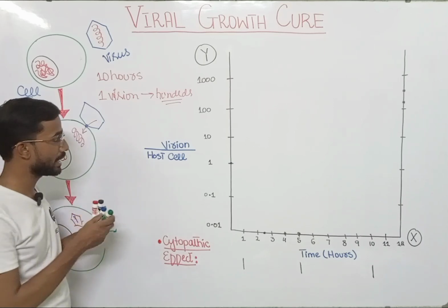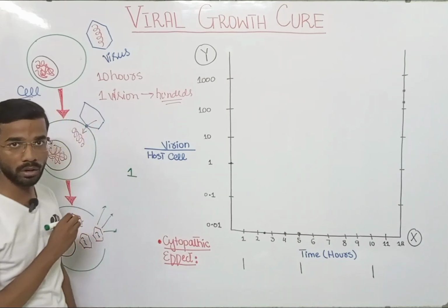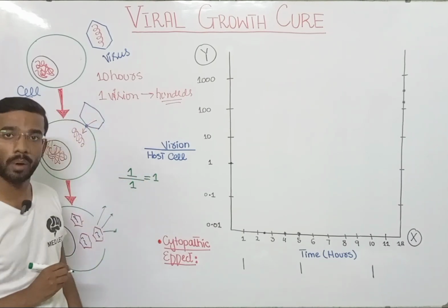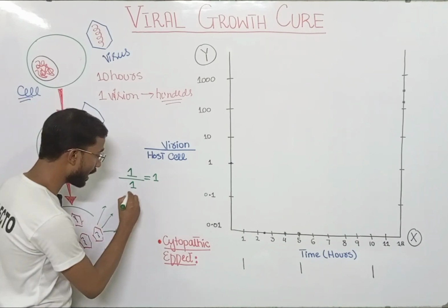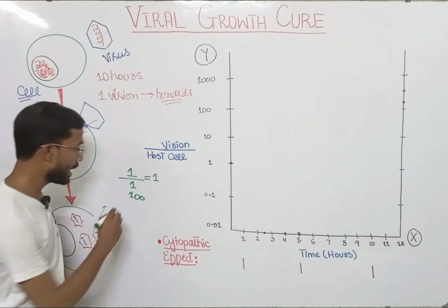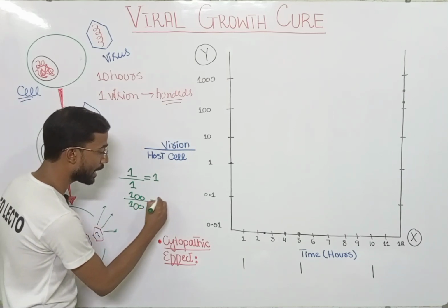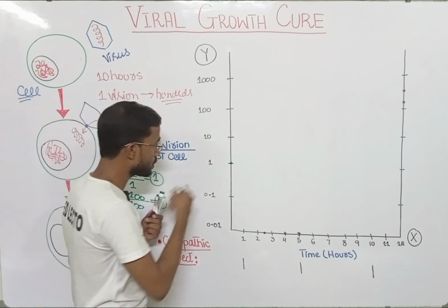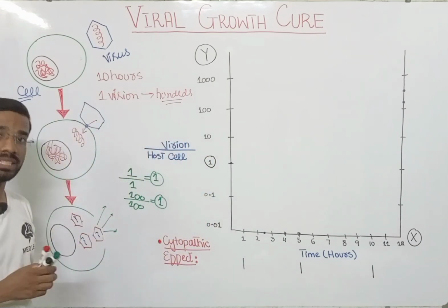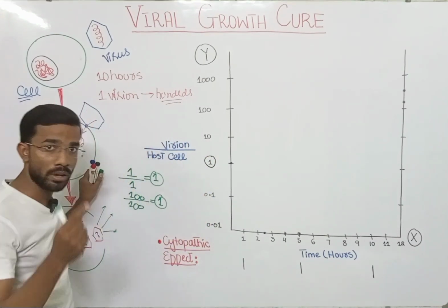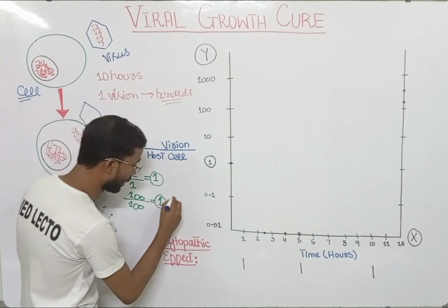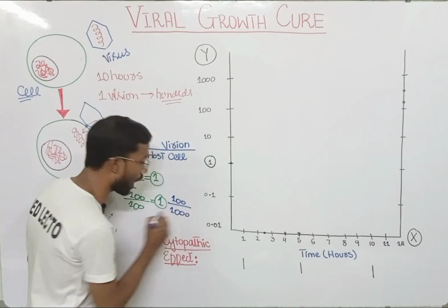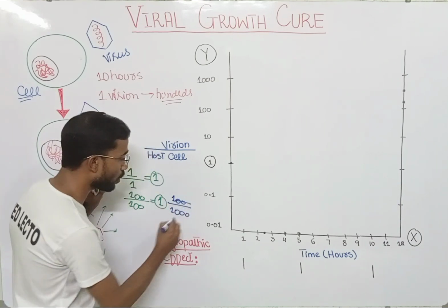If there is one virion and one host cell, then the ratio, or fraction, will be 1. If there are 100 virions and 100 host cells, again the ratio, or fraction, will be 1. If the number of virions is again 100, but the host cells are 1000, then the zeros cancel each other.